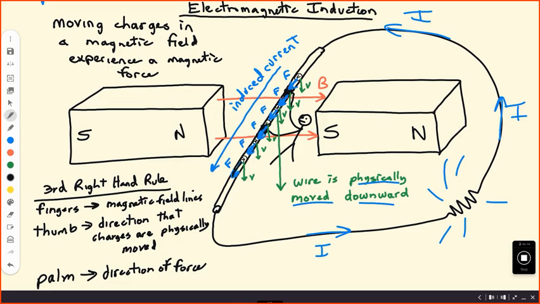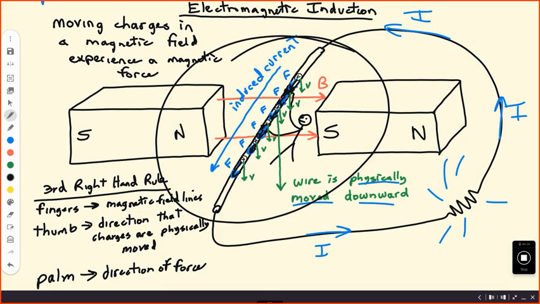And this force right here sometimes is referred to as the electromotive force. And the acronym for electromotive force is EMF, because what you're doing is you're using this right here to generate a current. So this is kind of like acting like your battery, but it's not a chemical reaction. It's using a magnetic force to generate the current. So this here is the EMF.